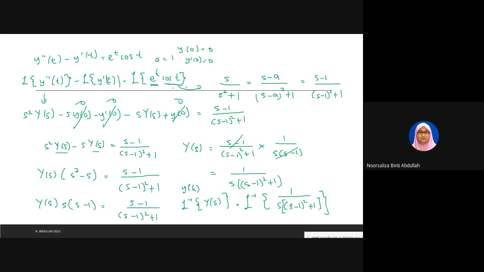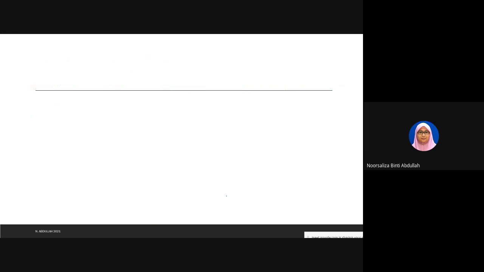Okay, to solve this one, you can use a partial fraction: a over s plus (bs plus c) over (s minus 1) square plus 1.